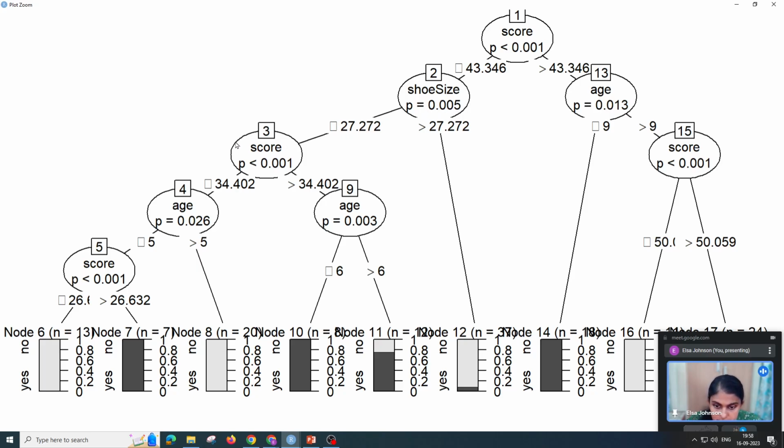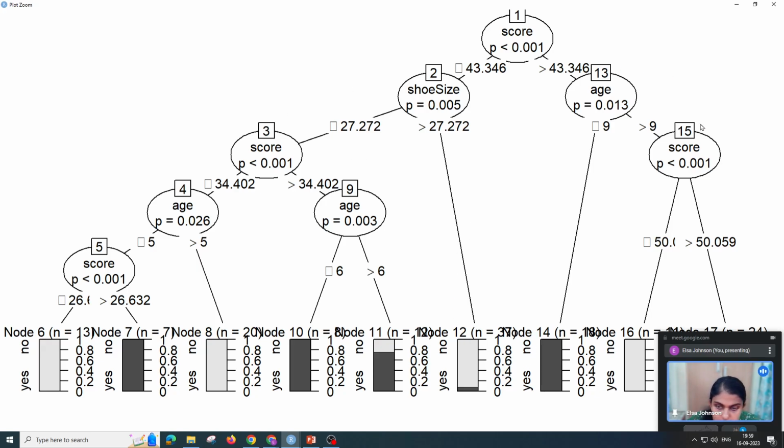Then the tree again considers score, then age. This is how the decision tree proceeds. Here you can see when the age value is greater than 9, only one observation was there, so the tree is terminated at that node.